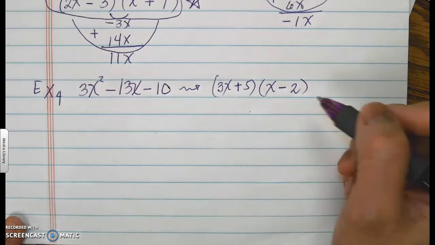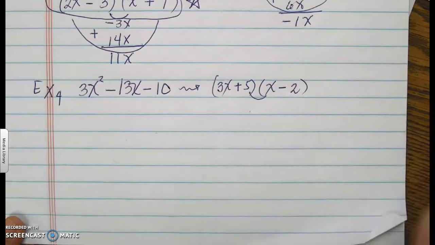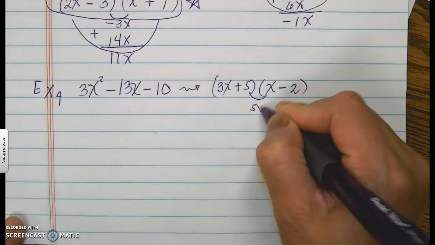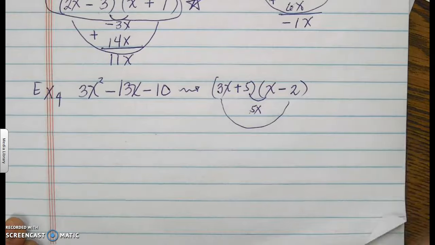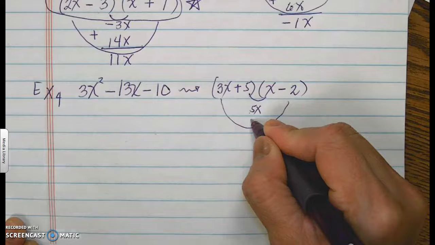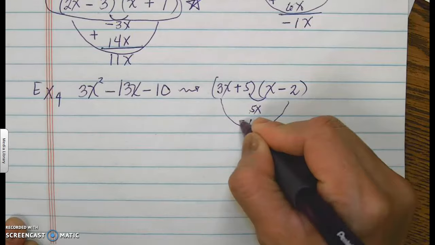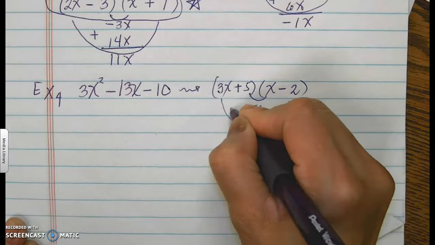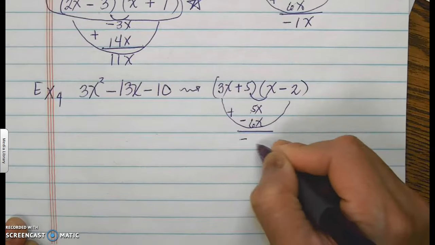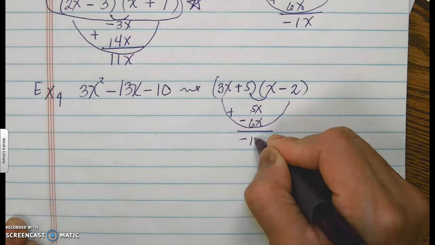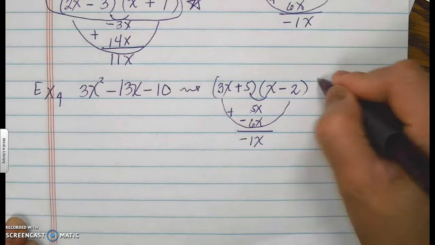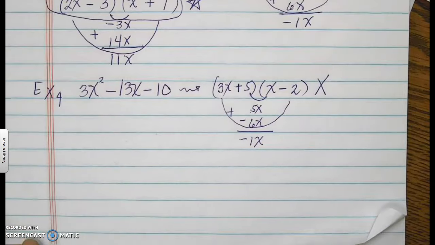So this times this is a 5x, and this times this is a negative 6x, and if I add them, that's a negative 1x. So these are not the right factors.